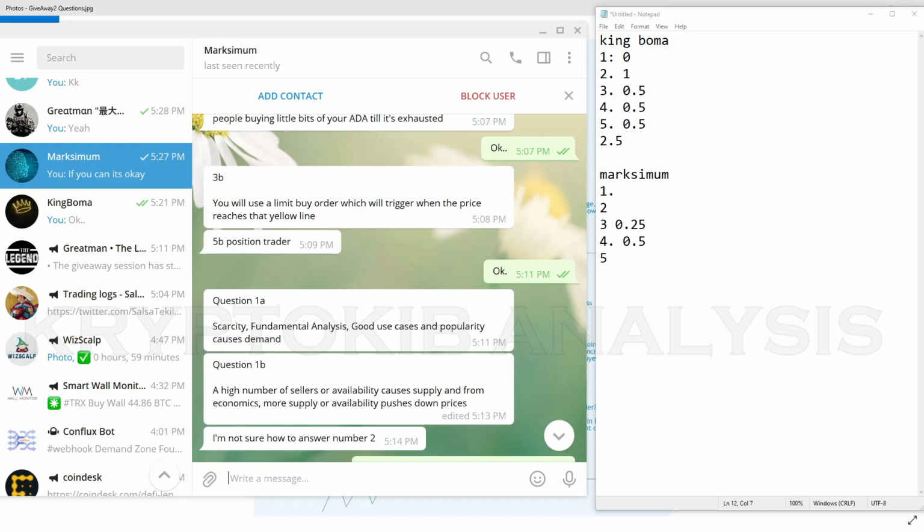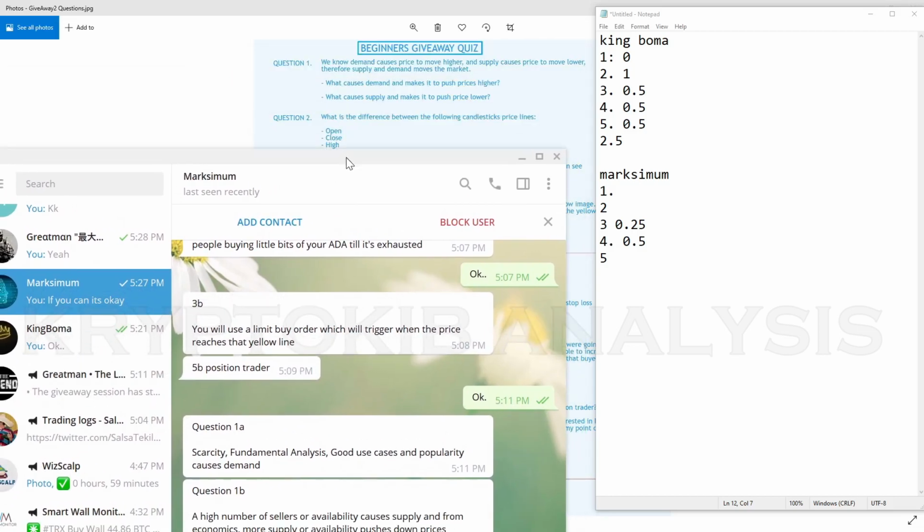So it keeps driving up demand, even where there is no scarcity, no new good use cases. Maybe there is a bit of popularity, but there is still the same fundamental since day one. But people are willing to buy, probably due to what we do not know. This answer is correct. It causes demand, but I don't know. What do you think?